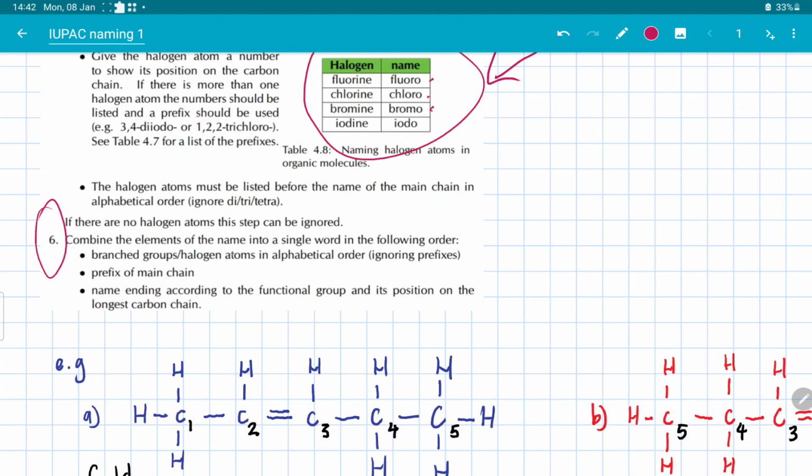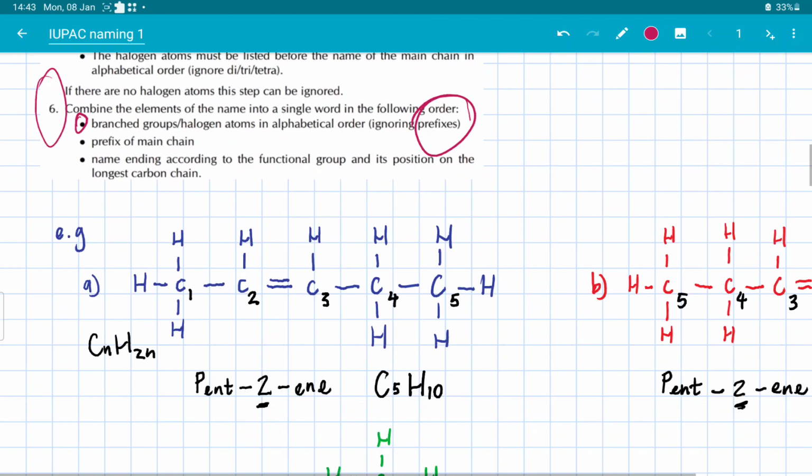Combine elements of the same name into a single word. If ever you have branched groups and halogens, put them in alphabetical order. Place them in alphabetical order. Ignore the prefix, whether it is di, tetra or tri.